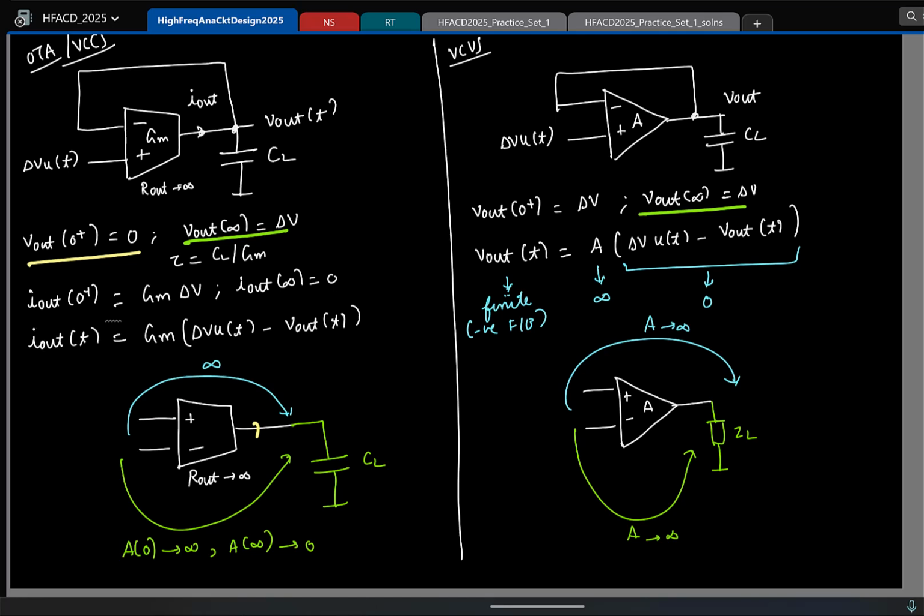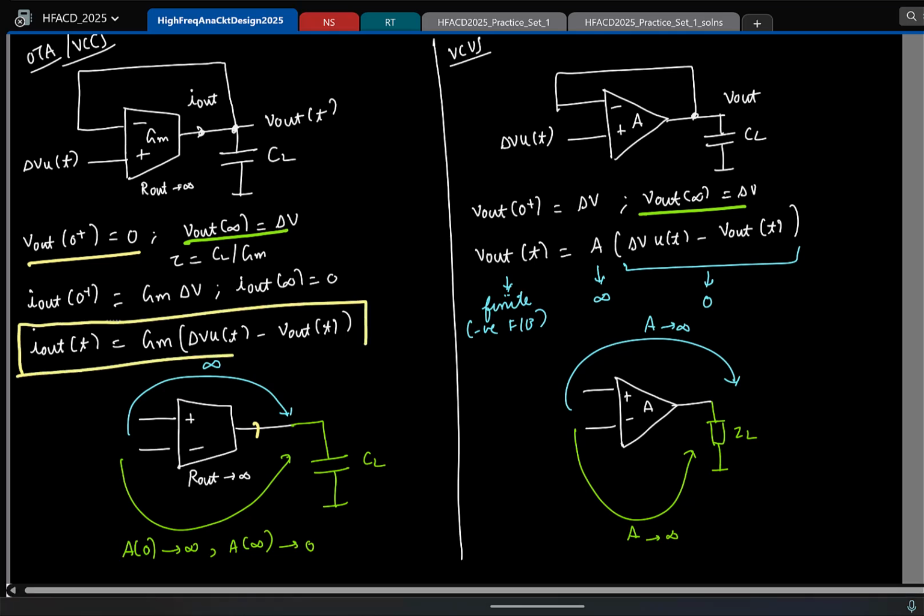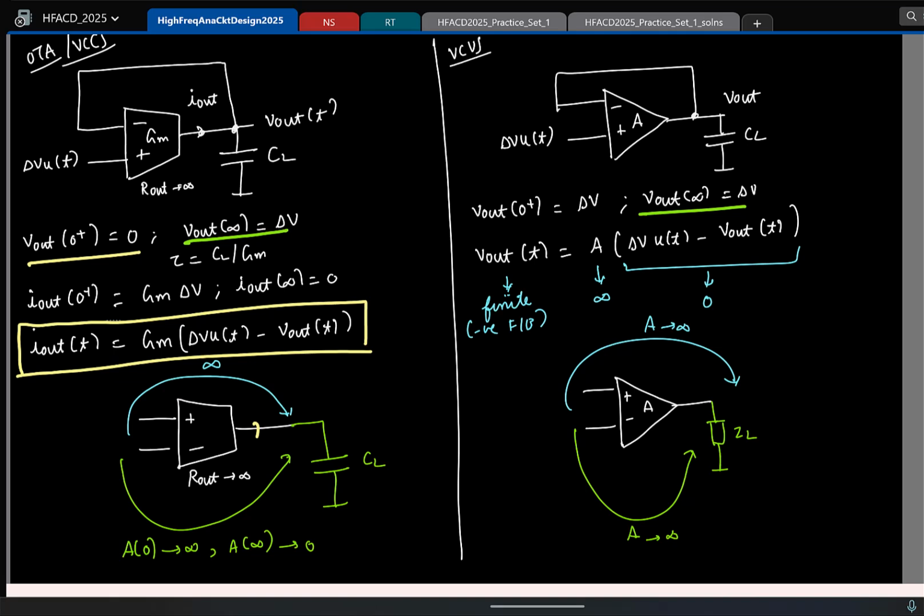Okay, so now let me ask this. Look at this equation. This is always true. I out of t is this, right? Now from this equation, let us say I want my V out to change instantly and become delta V. When will that happen?